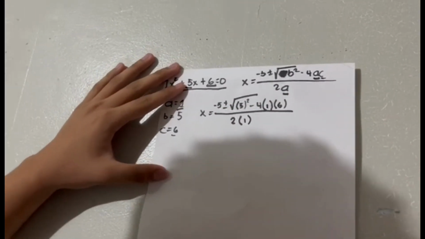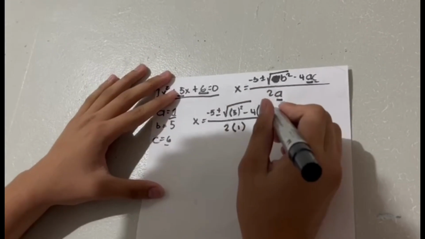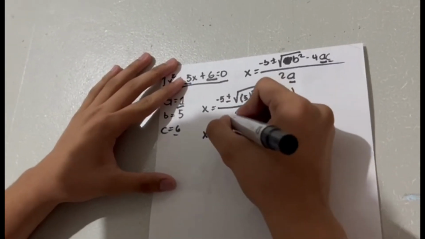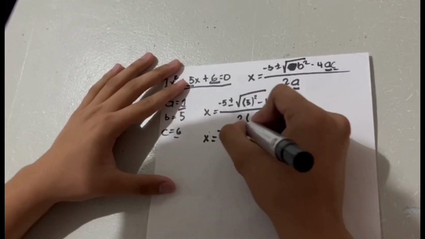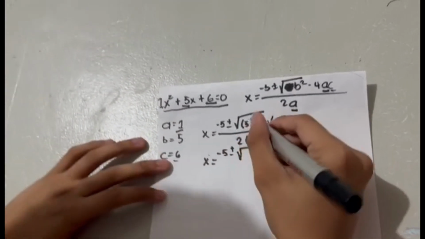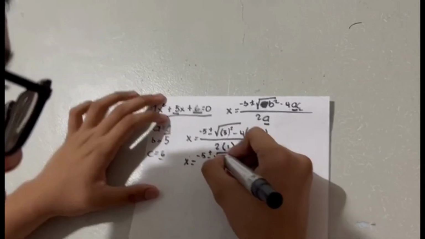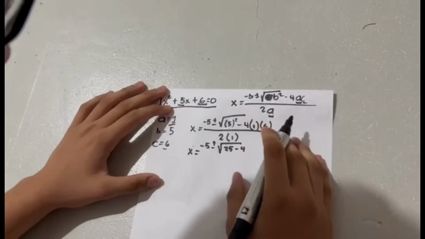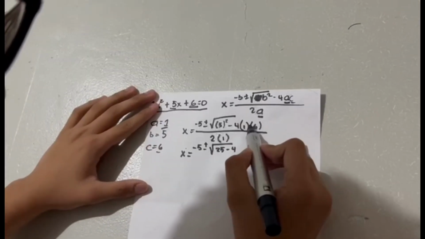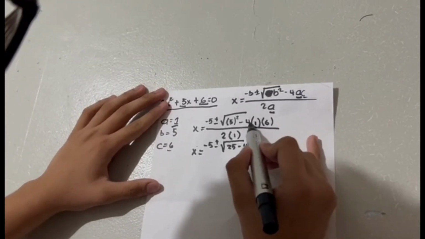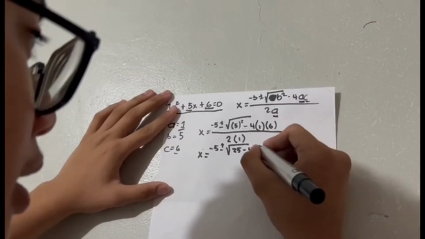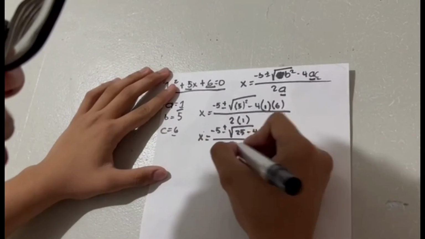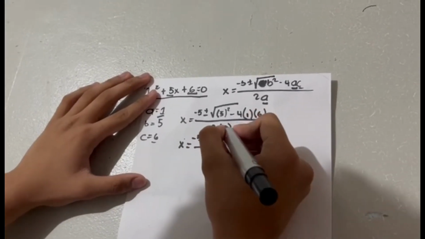Now, we multiply all the numbers. Negative 5 plus or minus the square root of 5 times 5, which is 25, minus 4. We need to multiply 6 and 1 first before we multiply the 4. 6 times 1 is 6, over 2, because 2 times 1 is 2.